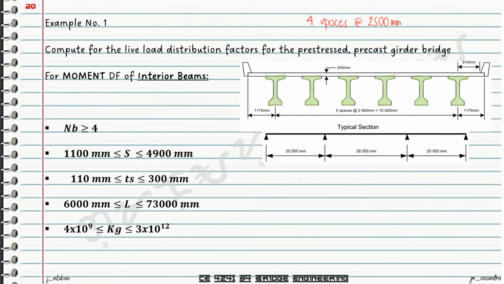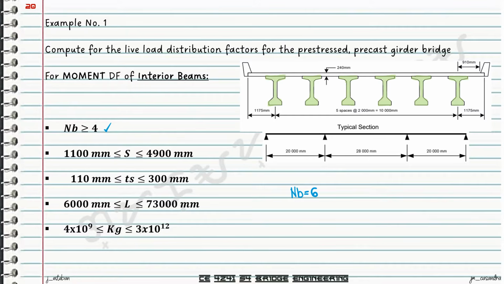It means that we have stringer 1, stringer 2, that's 1 space, stringer 3, 2 spaces, stringer 4, 3 spaces, and stringer 5, 4 spaces. So 4 spaces will give us NB equal to 5. Okay. So in this problem, we now have NB equal to 6, as we have counted. Meaning it's greater than 4, the condition. So the first condition is satisfied.